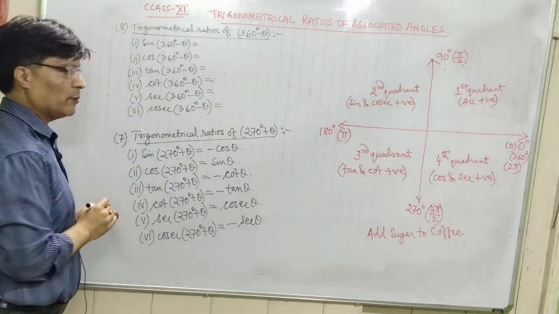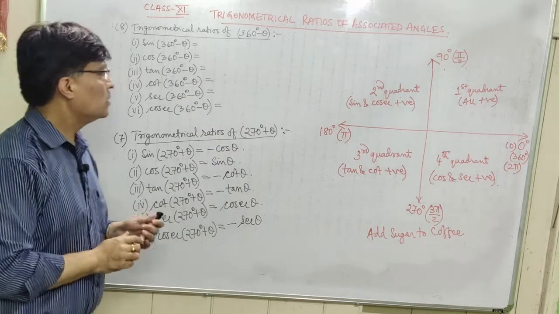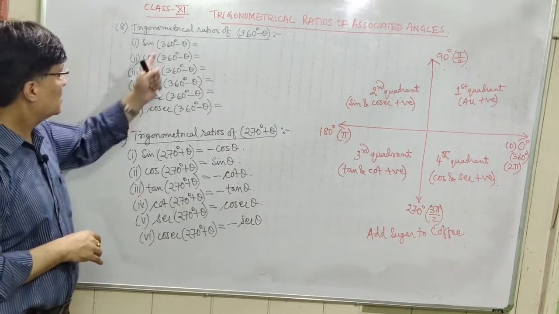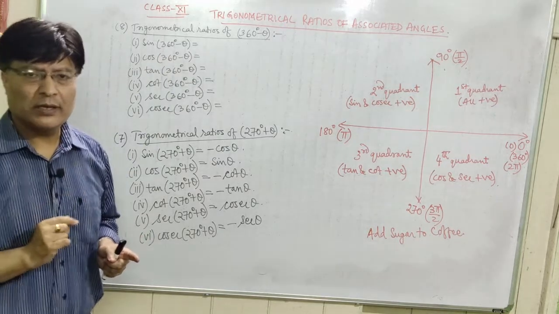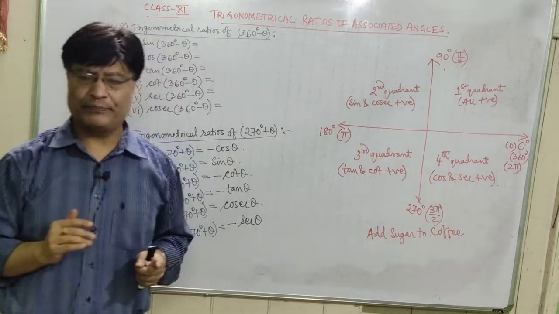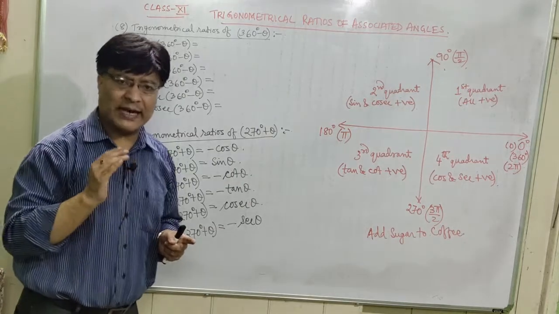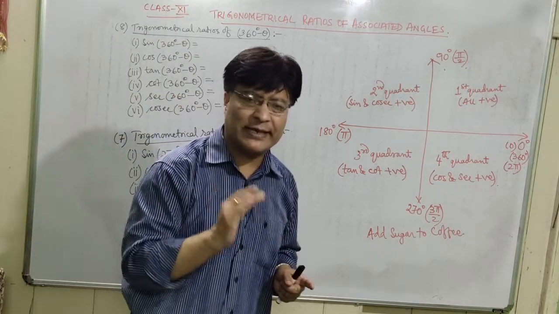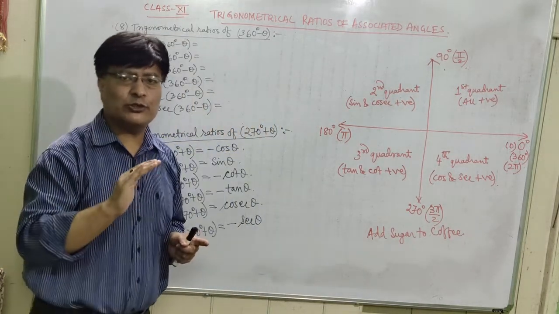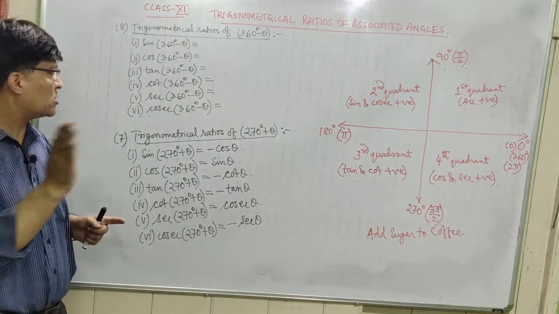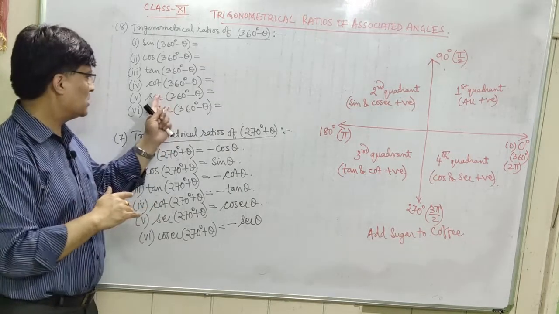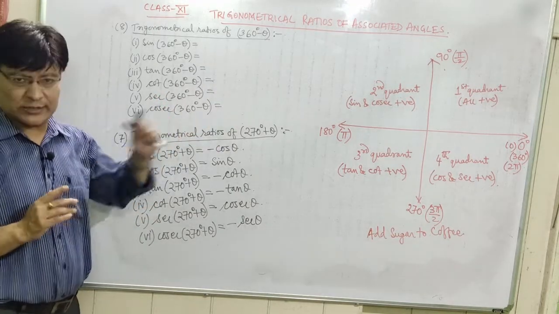So let us do this formula now. You know that 360 degree is 90 degree into 4, even multiple of 90. So I already told you that if it is even multiple of 90 degree, trigonometrical ratios do not change. Sine remains as it is, sine, sine, cos, cos, tan, tan, cot, cot, sec, sec, cosec, cosec.